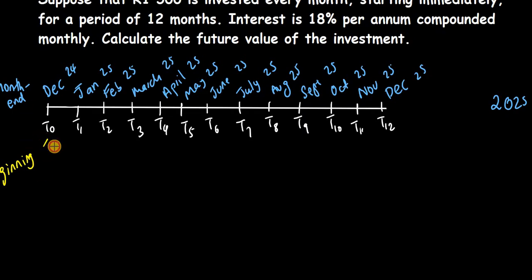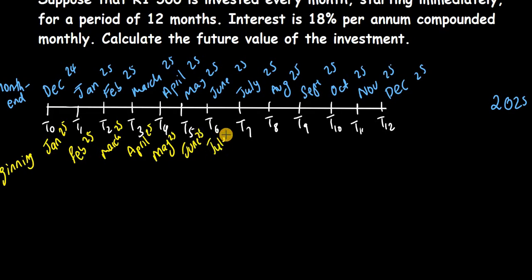If you are going to look at this timeline in terms of the beginning of the month, this will be beginning of January 2025, beginning of February 2025, beginning of March 2025, beginning of April 2025, May, June, July, August, September, October, November, December 2025, and then this is going to be the beginning of January 2026.